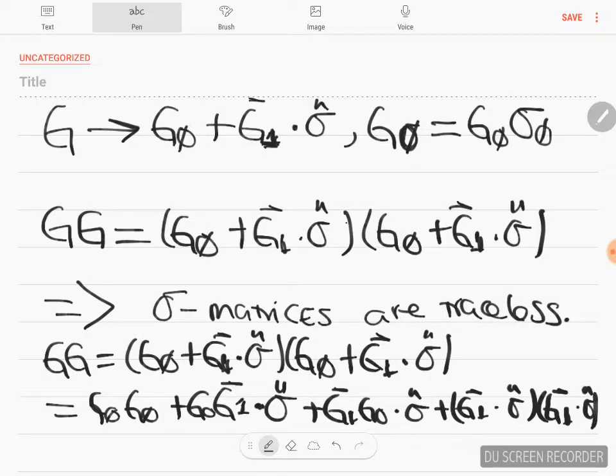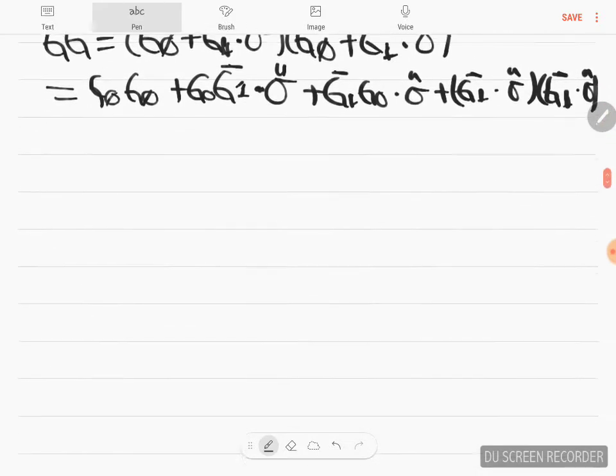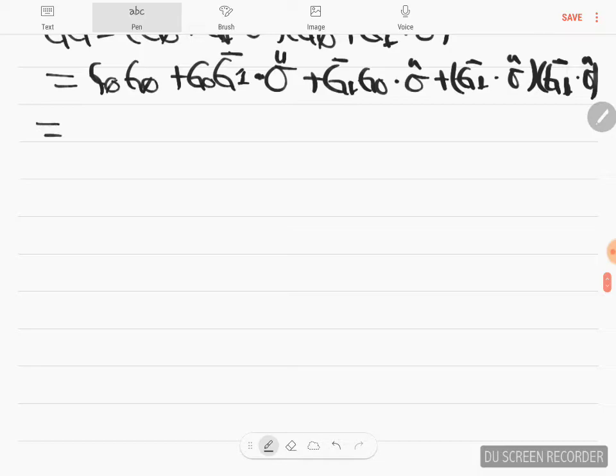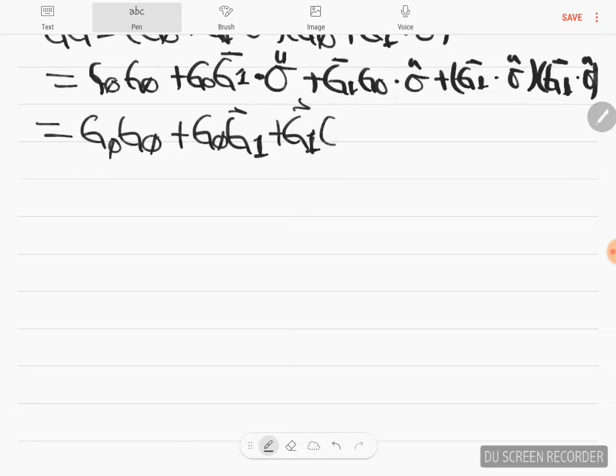We can proceed with this calculation here downstairs. So this is G0 G0 plus G0 G1 plus G1 G0, let's gather this like this, dot sigma.